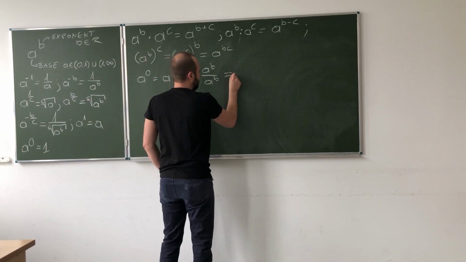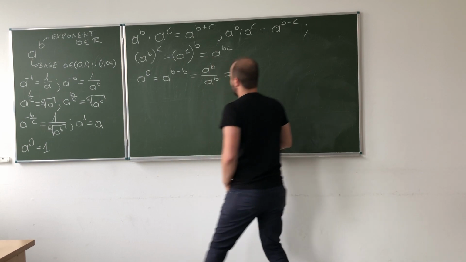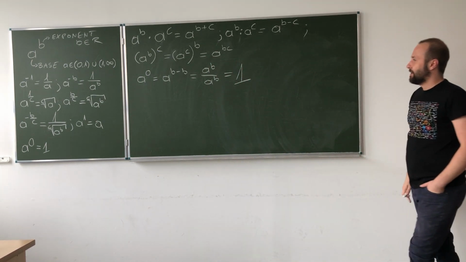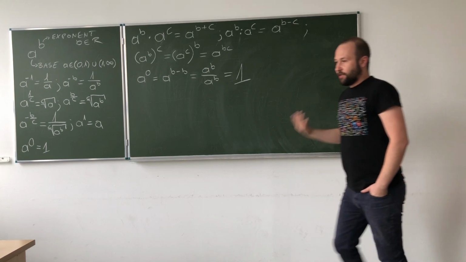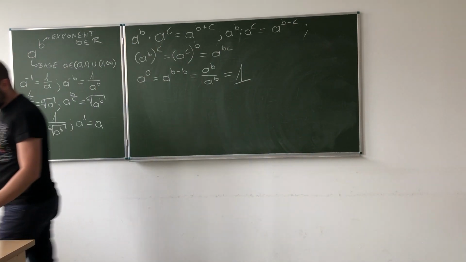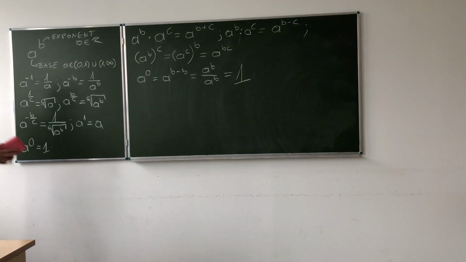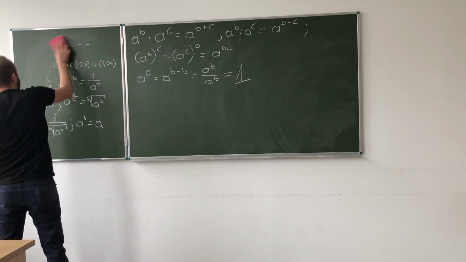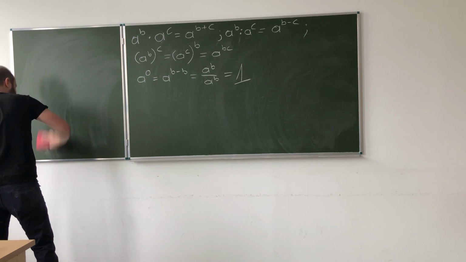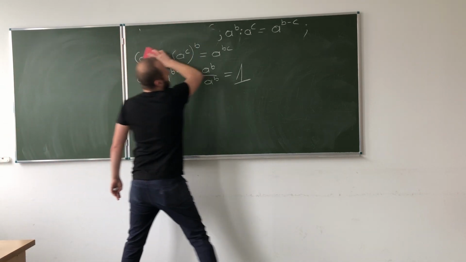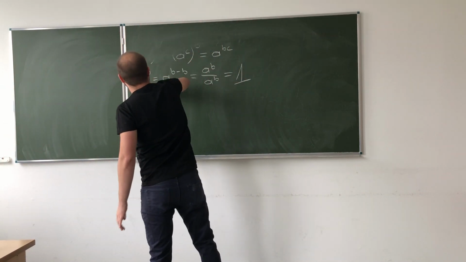And this is 1, of course, as long as a is different than 0. Okay, I think this is not very complicated, and basically it covers everything we said about basic rules on exponents in our mathematics class.